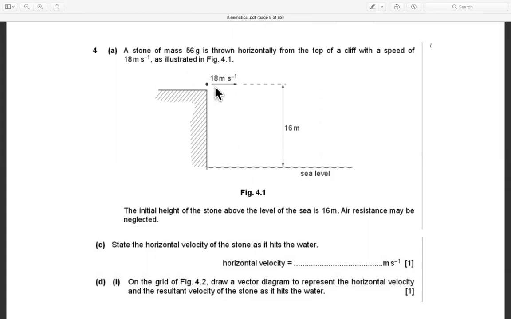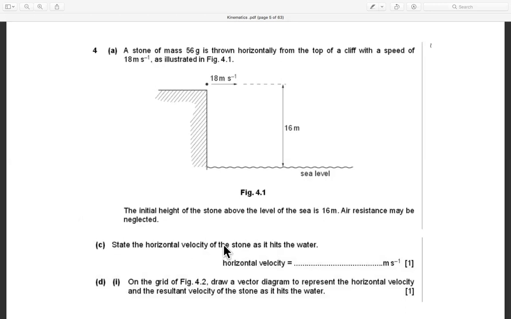18 meter per second horizontally, and they have a height as 16 meter from the sea level. The initial height of the stone from the sea level is 16 meter. Air resistance may be neglected. State the horizontal velocity of the stone as it hits the water.